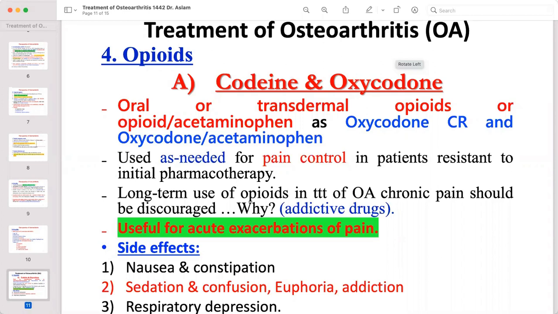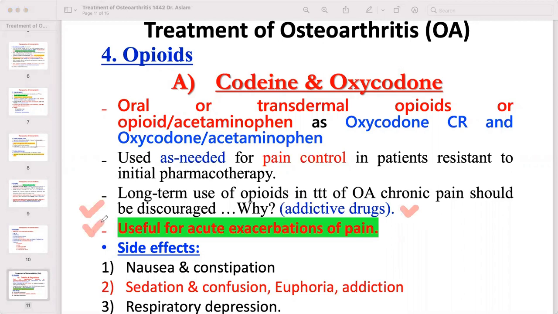Long-term use of opioids in the treatment of osteoarthritis and chronic pain should be discouraged because codeine has an addictive property, it is an addictive, habit-forming drug, and is just useful for acute exacerbations of the pain.